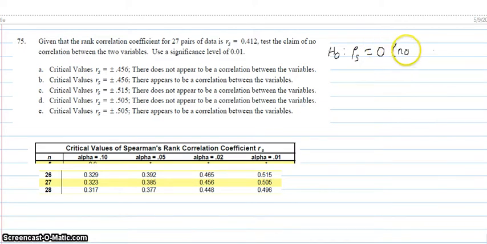There's no correlation. Or H1, rho does not equal 0, meaning there is correlation.